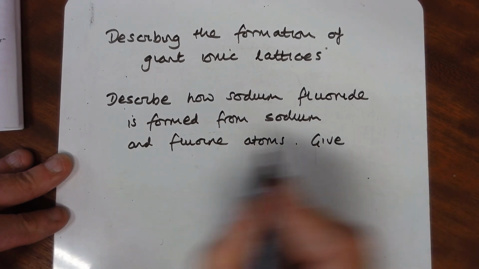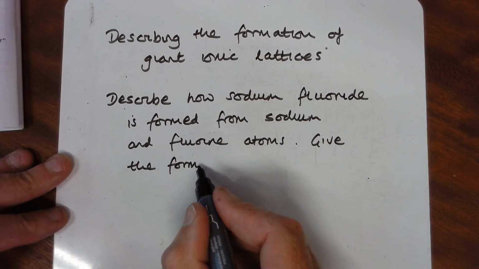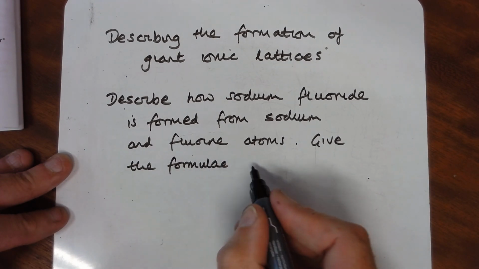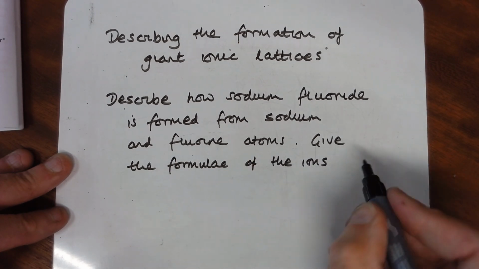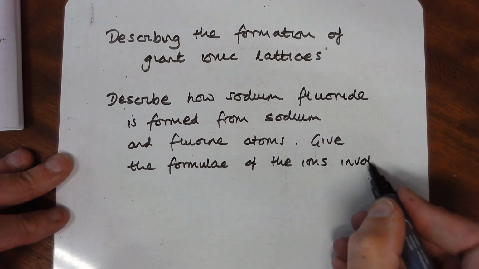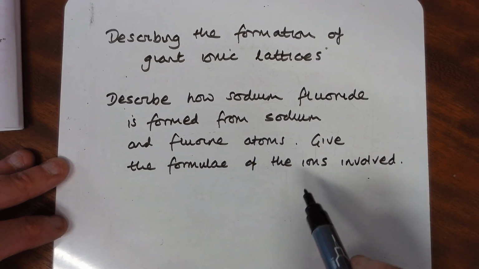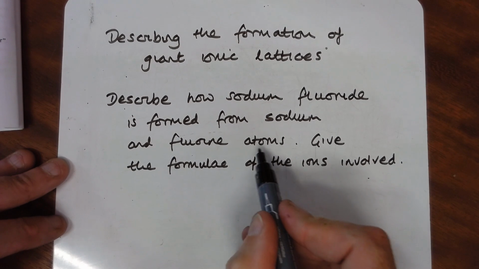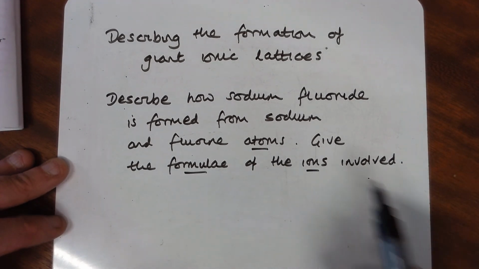It also says give the formulae, which is the plural of formula, formulae of the ions involved. So there's a lot there. Describe how sodium fluoride is formed from sodium and fluorine atoms. Give the formulae of the ions.